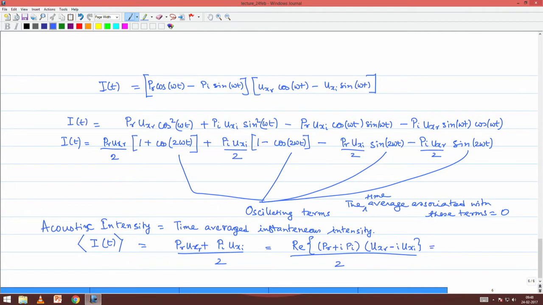Therefore, in short form, what is often quoted in textbooks as the formula for intensity is the real part of the complex pressure amplitude multiplied by the complex conjugate of the complex velocity amplitude. Here, star denotes complex conjugate. So, the working formula is actually pretty simple for intensities.